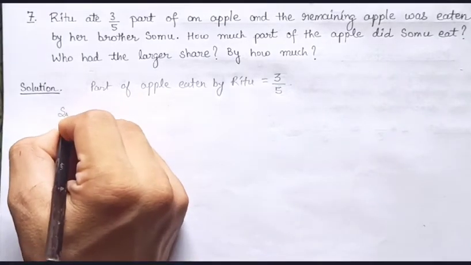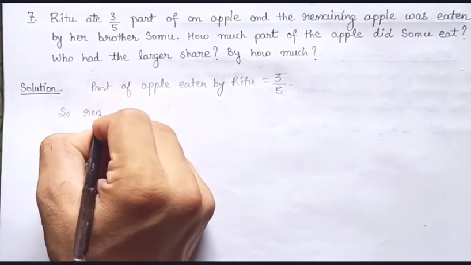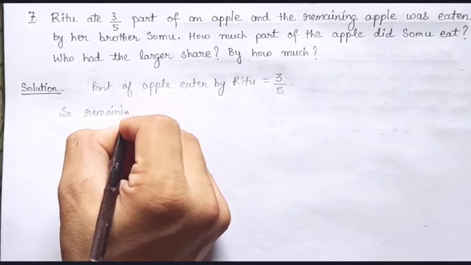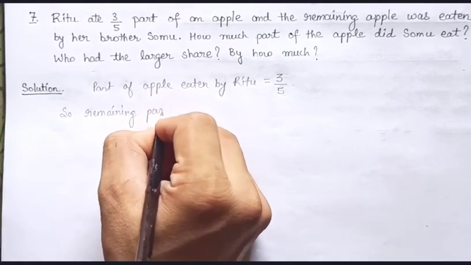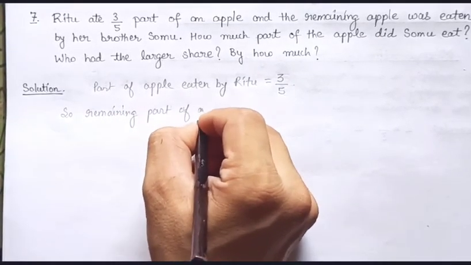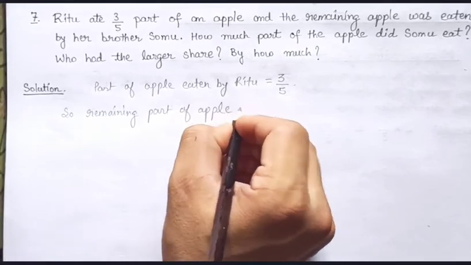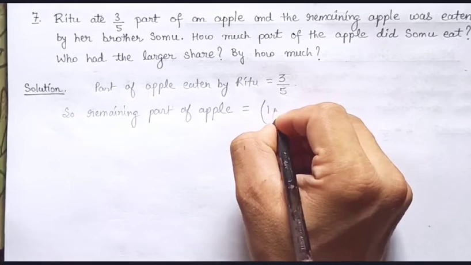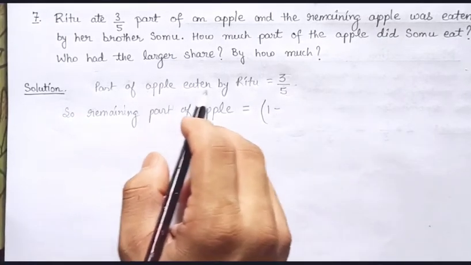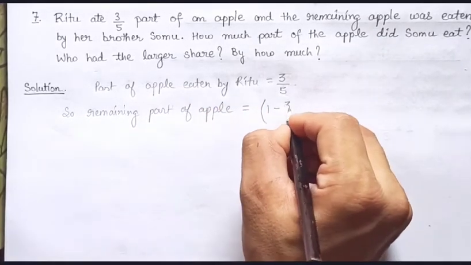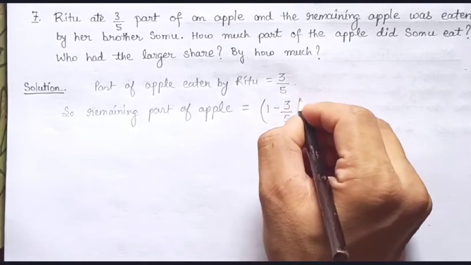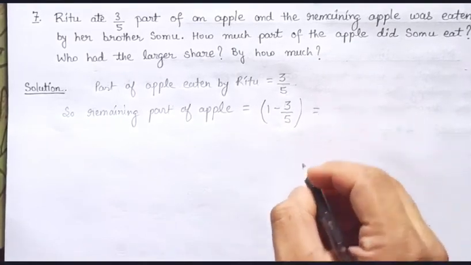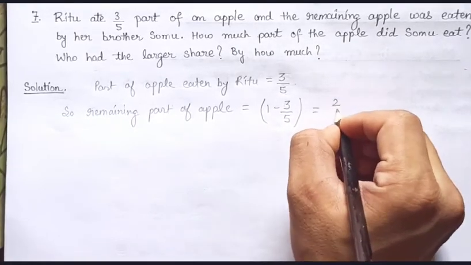So the remaining part of apple can be calculated as: remaining part of apple is equal to 1 minus the part of apple eaten by Ritu, that is 3 by 5, and it comes out to be 2 by 5.